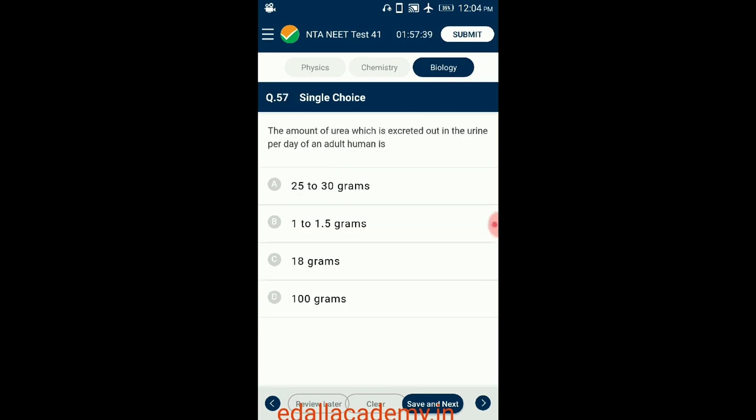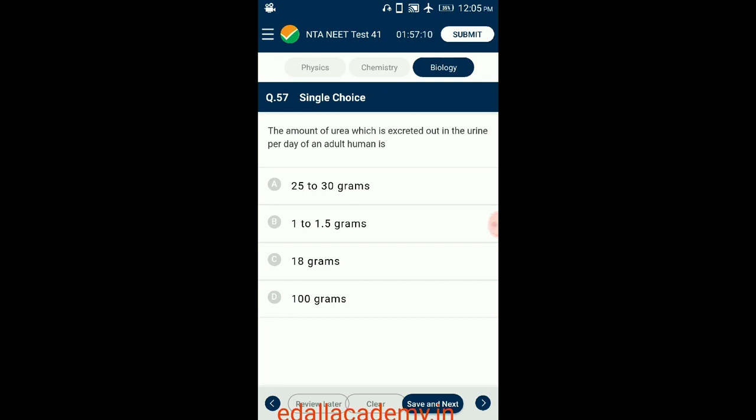Question number 57. The amount of urea which is excreted out in the urine per day of an adult human is. Terrestrial organisms have evolved other mechanisms to excrete nitrogenous waste. The animals must detoxify ammonia by converting it into a relatively non-toxic form such as urea or uric acid.